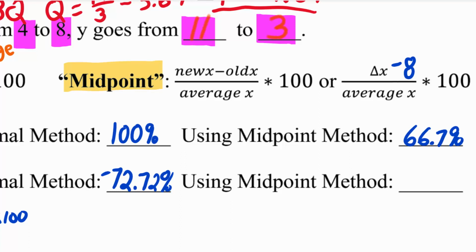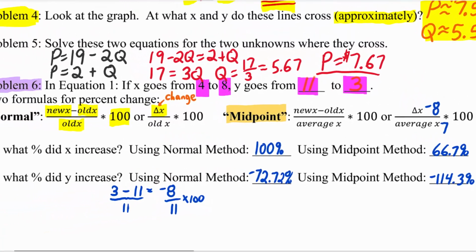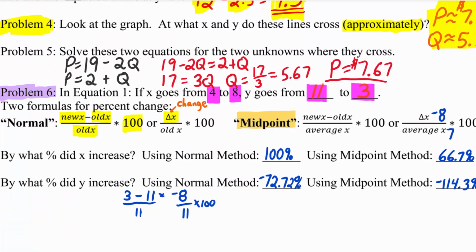So this would be minus 8 divided by 7, and we would get minus 114.3%. Let's compare the answers we get. The answers you get are going to be always a little bit different, but they'll always be the same sign, right? You're never going to have the ordinary way telling you it was a positive and then the midpoint method telling you a negative.